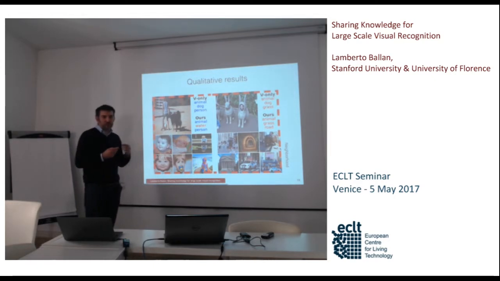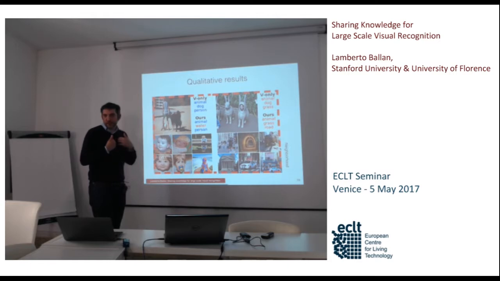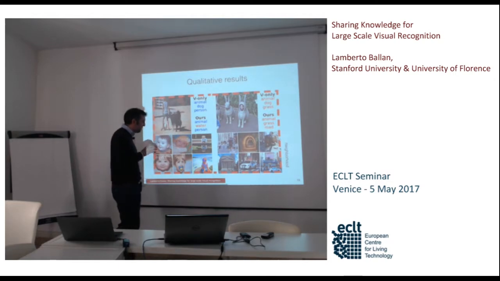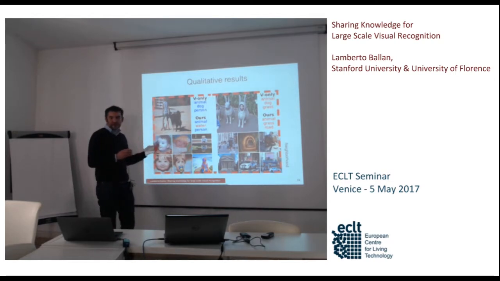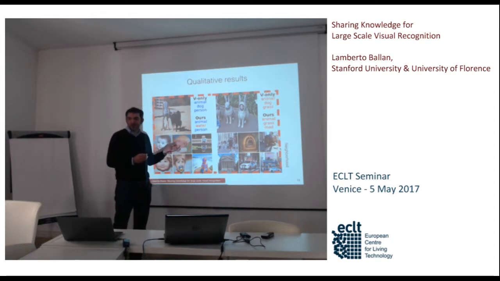Because even if you are multi-label, we are not modeling, for example, the co-occurrence of the same concepts in the same image. So, for example, a problem that we have, like in every image classification task, if you don't try to solve this kind of structural learning problem, if you have images in your training set where two concepts co-occur frequently, you are not able to solve it.